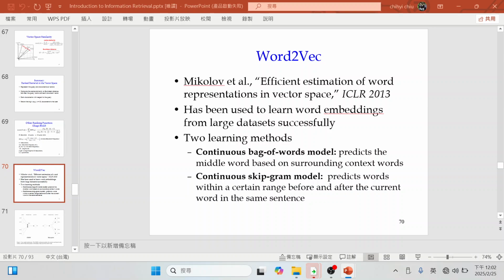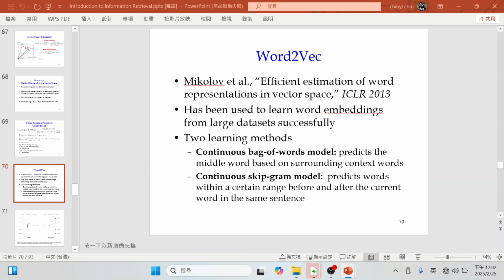Okay, so another system also works in the vector space, but now we start to use deep learning. There's a very famous paper called Word2Vec, published at ICLR 10 years ago. The paper is called Efficient Estimation of Word Representations in Vector Space.